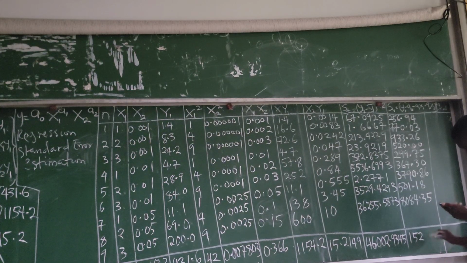Okay, 15520.67. That is XR. So what do we do again?